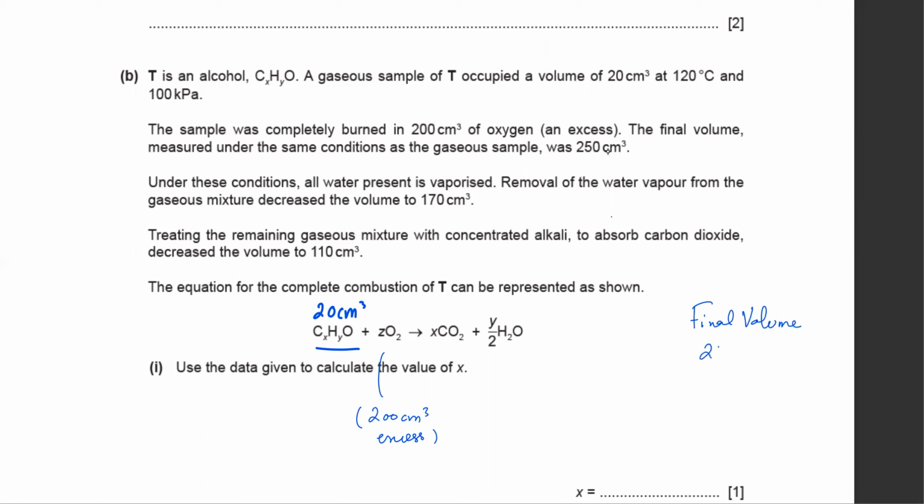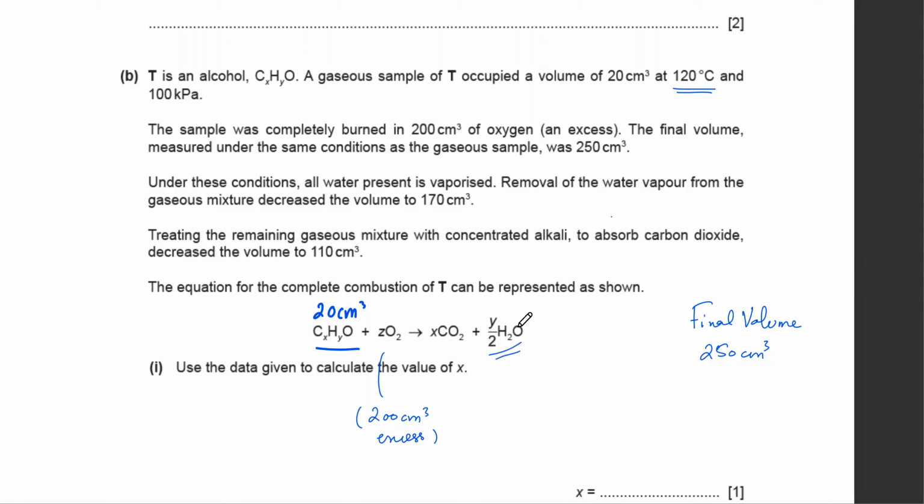So the final volume is 250 cm cube. What does the final volume contain? This question is slightly trickier because of the temperature. What's the temperature that's being used? It's 120, right? So is water going to be gas or liquid?